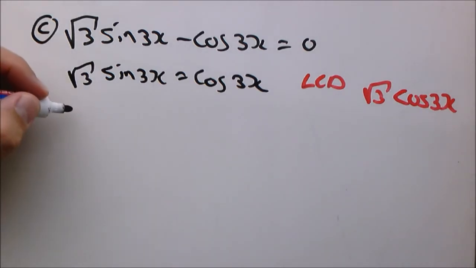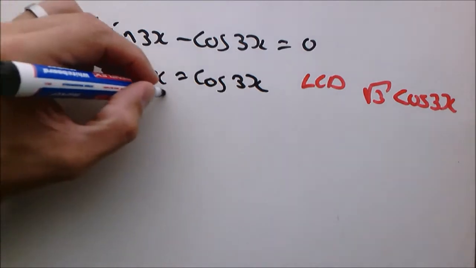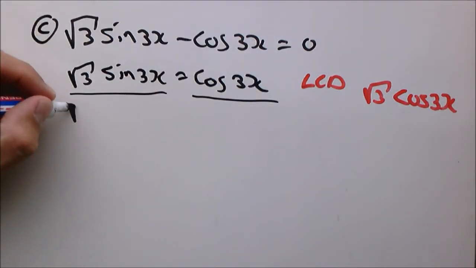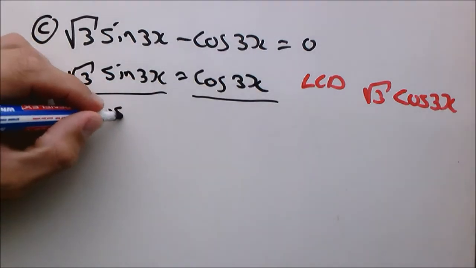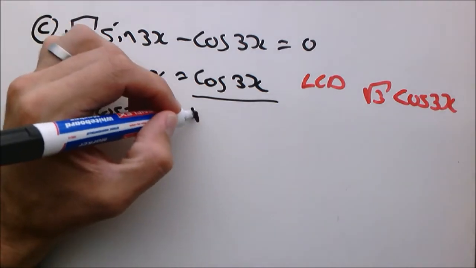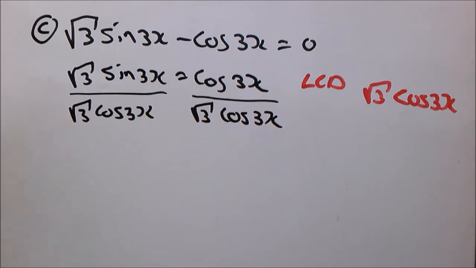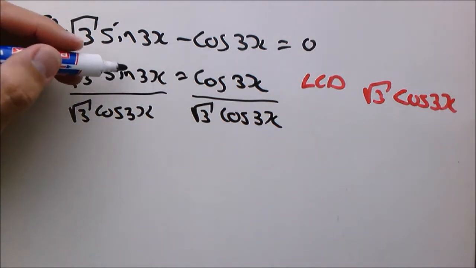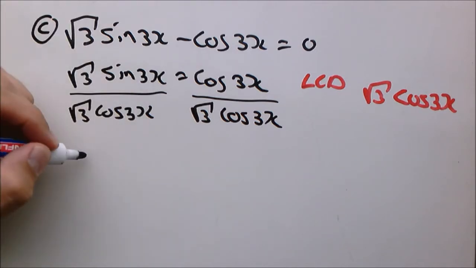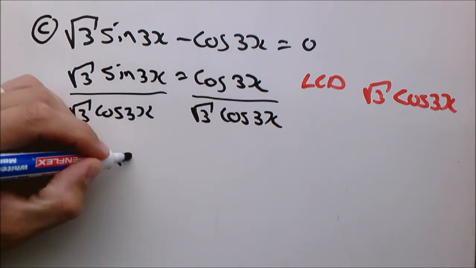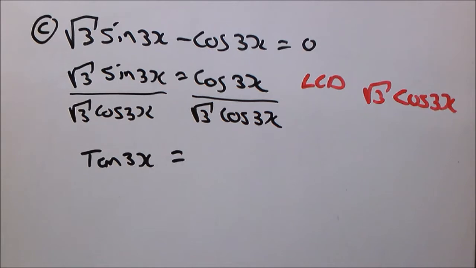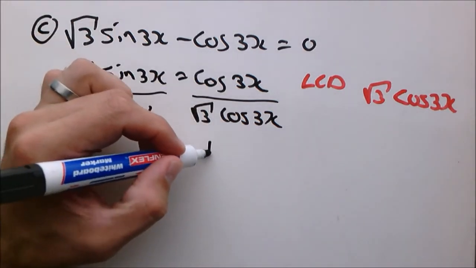So on the left hand side, these two will cancel out, and we will only be left with sine 3x over cos 3x, which is tan 3x, by using our quotient identity. The right hand side, those two cancel out, so you will just be left with 1 over square root of 3.